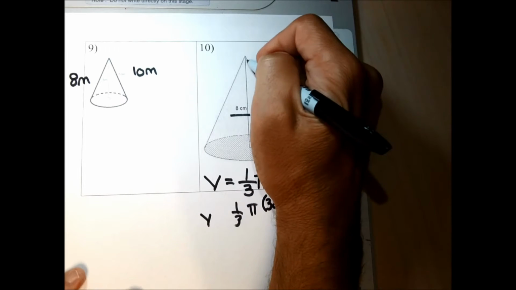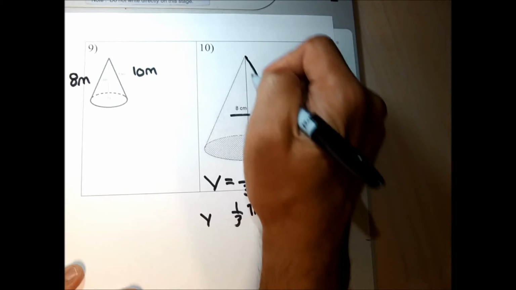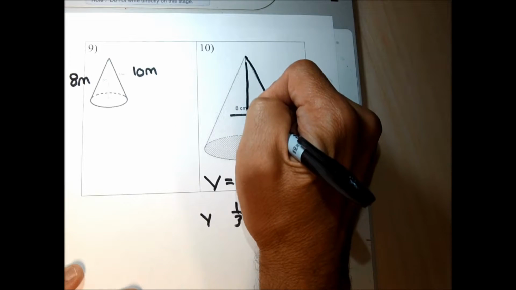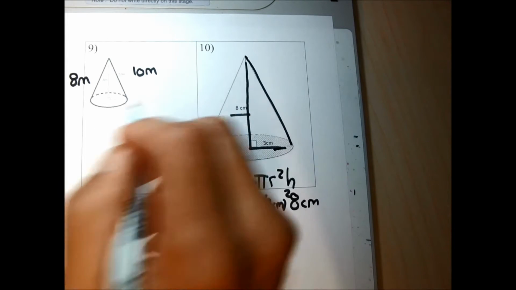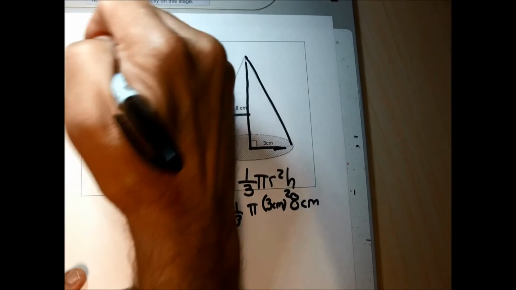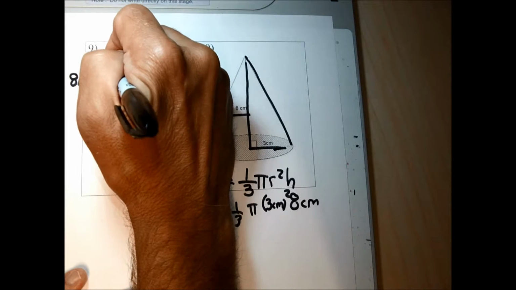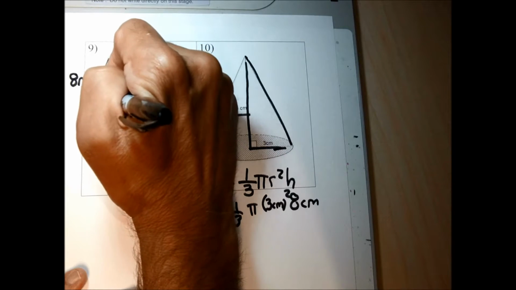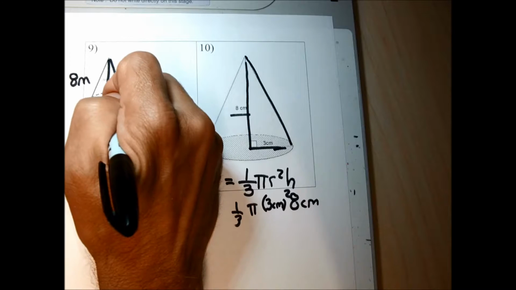In yours, you're given this length. That length is not the same as the height. So instead of doing problem 10, I'm going to do your problem 9. Because in your problem, I didn't give you the radius, but I gave you the tools to get the radius, because there is a right triangle.